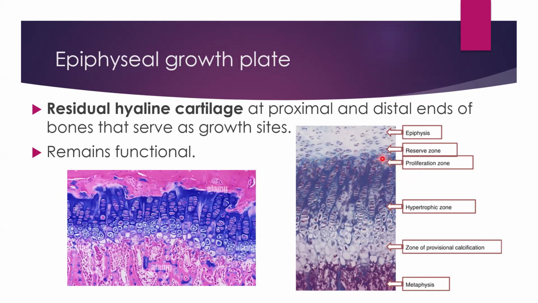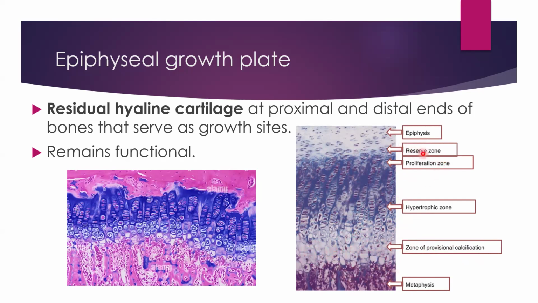So this is the zone of proliferation. Then the cells that have proliferated will undergo hypertrophy. After the cells undergo hypertrophy, you'll have deposition of calcium phosphates, provisional calcification. Now the hypertrophic cells will undergo calcification, and then you'll have the formation of the bone. So the calcified bone will be found at this point.